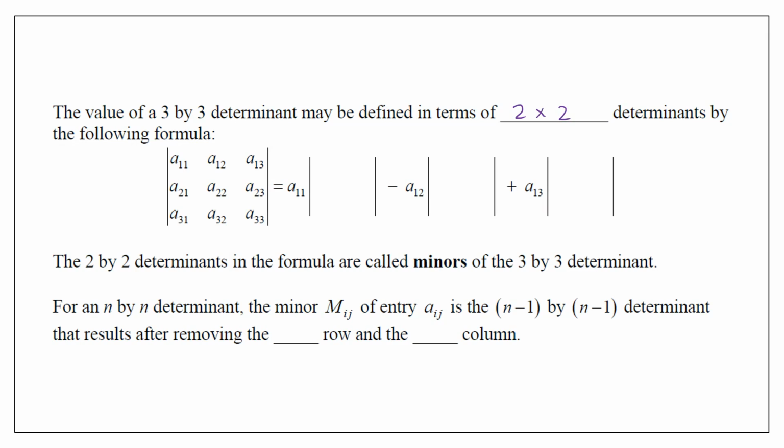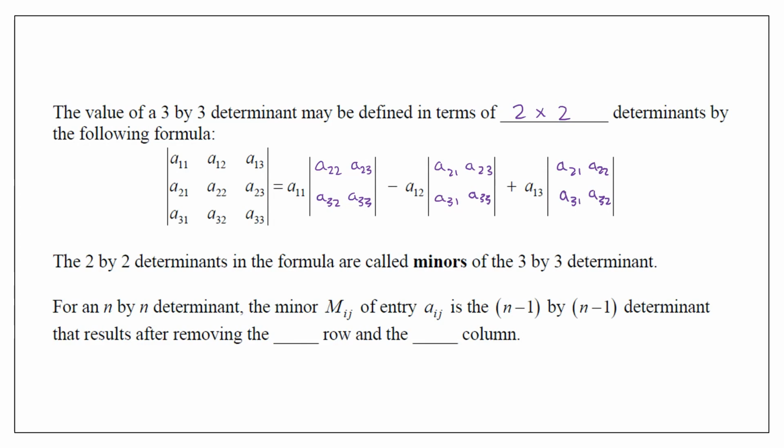So we have our 3 by 3 determinant here, and it will be equal to A subscript 1,1 times the determinant A 2,2, A 2,3, A 3,2, A 3,3, minus A subscript 1,2 times the determinant A 2,1, A 2,3, A 3,1, A 3,3, plus A subscript 1,3 times the determinant A 2,1, A 2,2, A 3,1, and A 3,2.